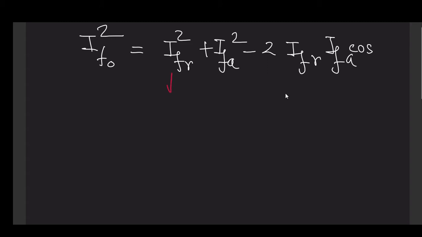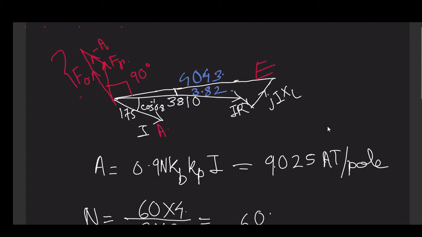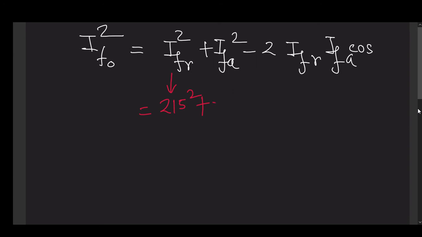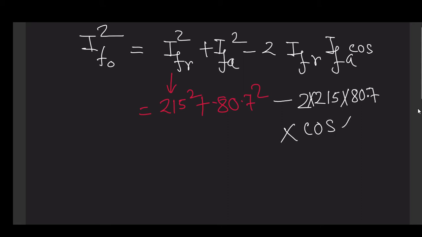So let's take 215 squared plus 80.7 squared, and then cos of this angle.